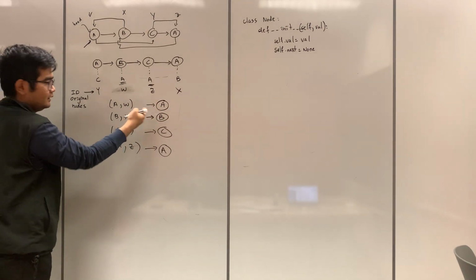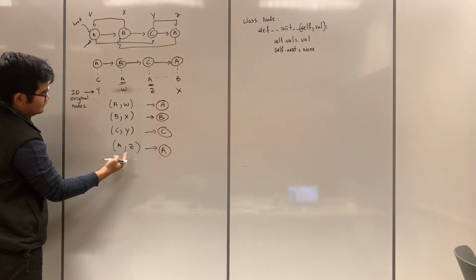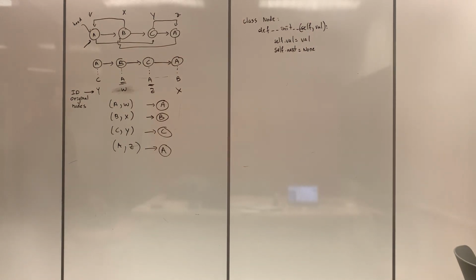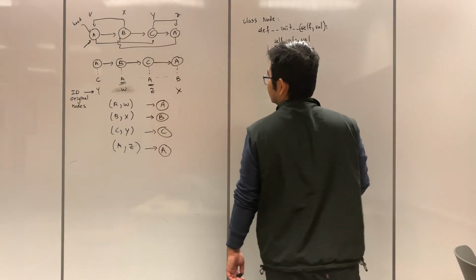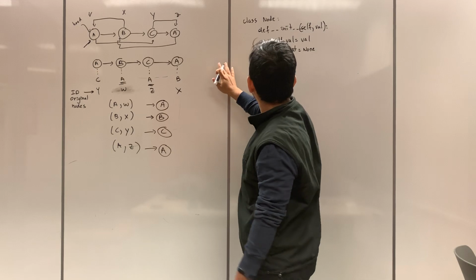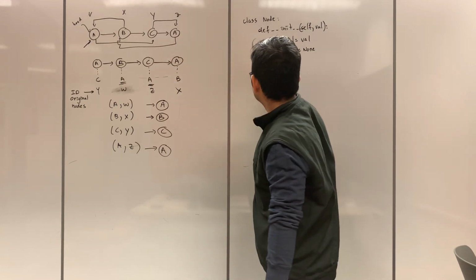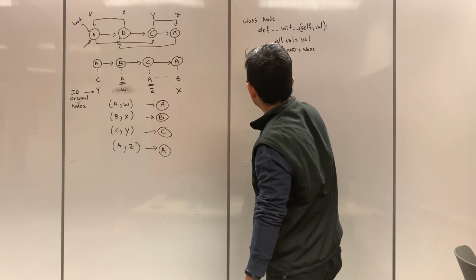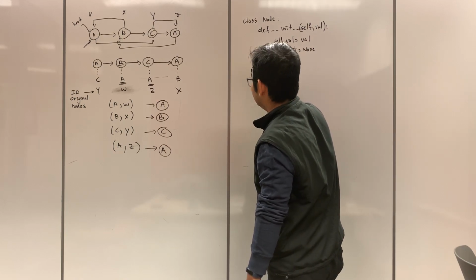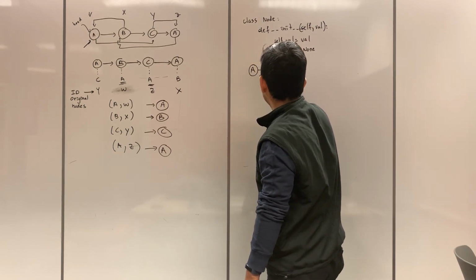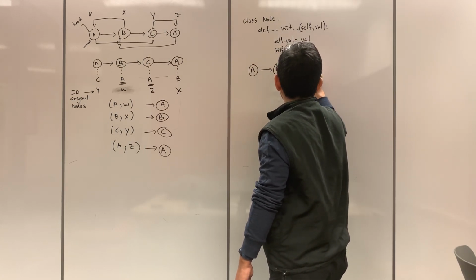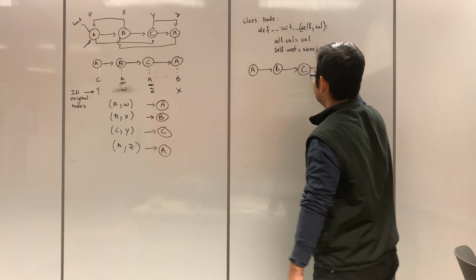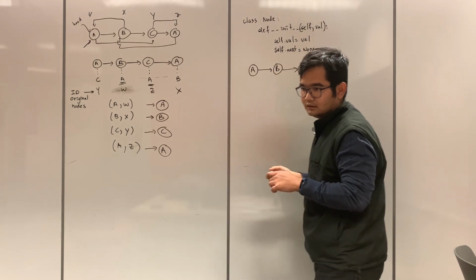This A is the A that has the ID of W. This A has an ID of C. Because the idea is, if we look at it, now we know that we have A, B, C, A.